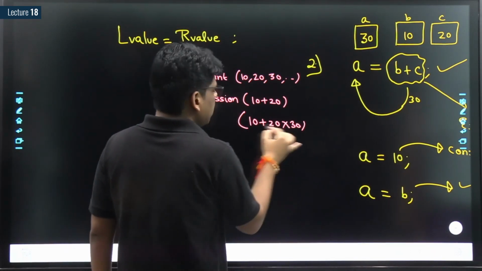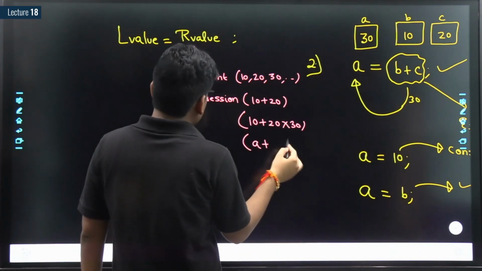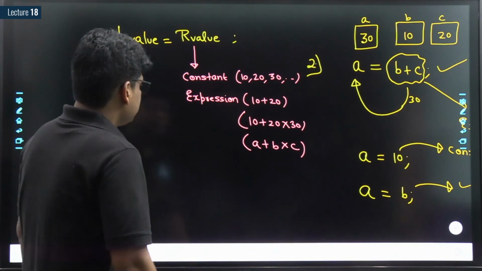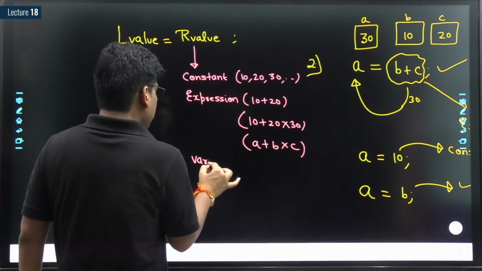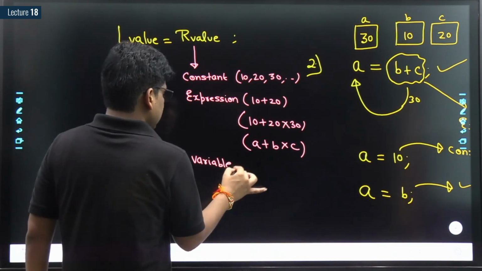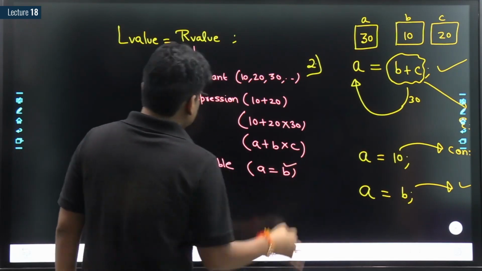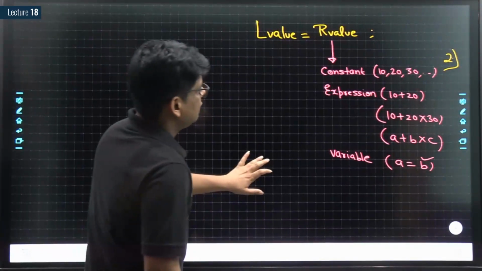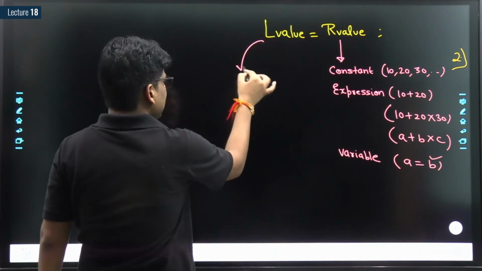Of course. We will see how the compiler will evaluate. Can it be a variable? Of course. Constant, expression, can it be a single variable? Yes, sir. We could have A is equal to B. That means RHS can be a variable. Okay, sir. But what could be the L value? Can it be a constant?